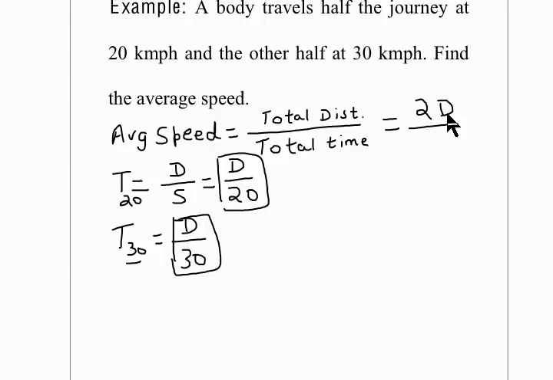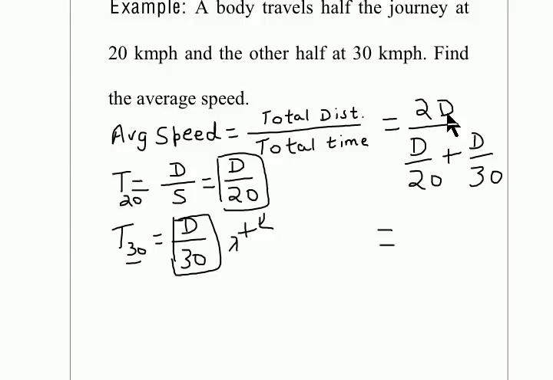So the total time is the sum of these two. If you substitute that into our equation, you get d by 20 plus d by 30. So that's my equation for the average speed.